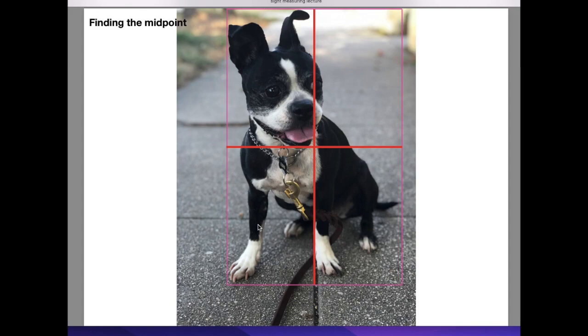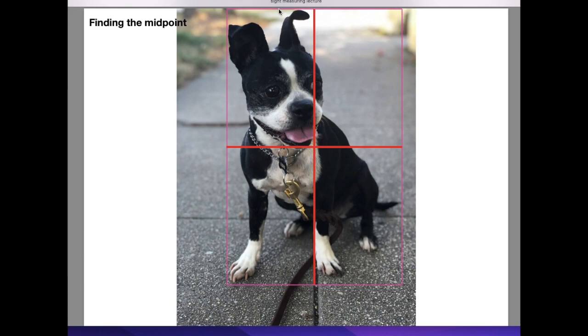So I'm going to focus on just the dog here. To find the midpoint, I placed a square around all of the widest points, right? So the highest point of her ear, the furthest left point, the same down here next to the foot, and then the furthest right point being the tail. And that's how I came up with this rectangle around her.